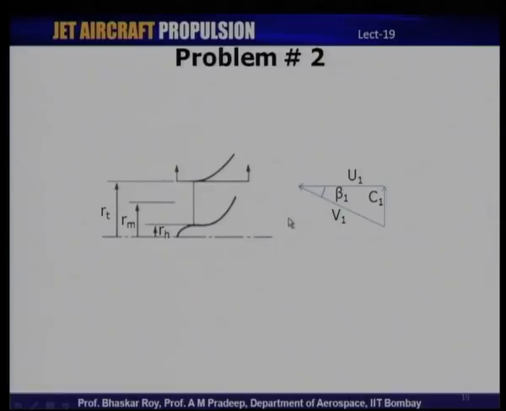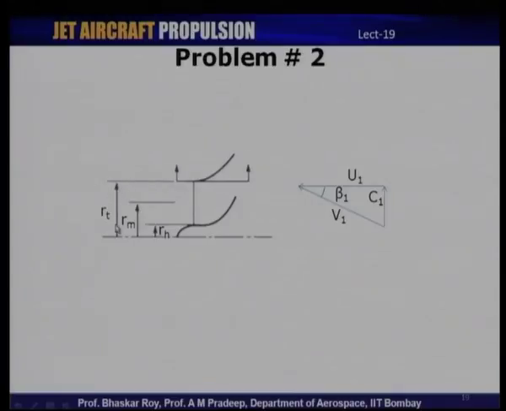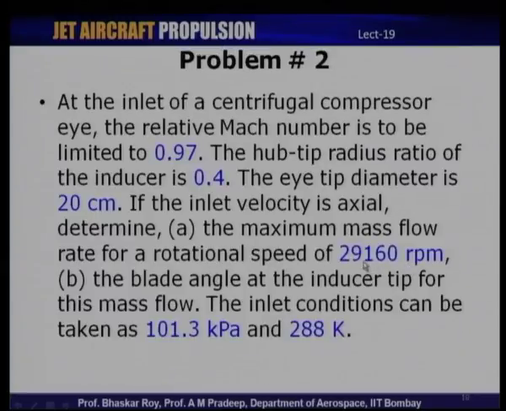So, what is specified in this case is that this is the inducer inlet, and we have been given the radius ratio for the inducer. In this case, the radius ratio has been given as 0.4, and the eye tip diameter is given as 20 centimeters. So, RT is given as 20 centimeters, radius ratio is specified, the speed of rotation is specified, and the relative Mach number at the tip has to be limited to 0.97.